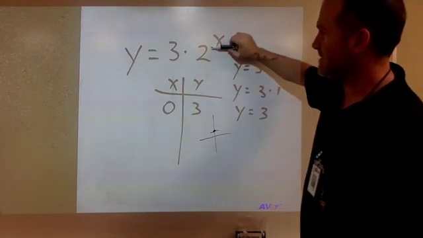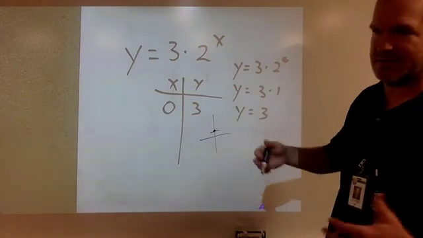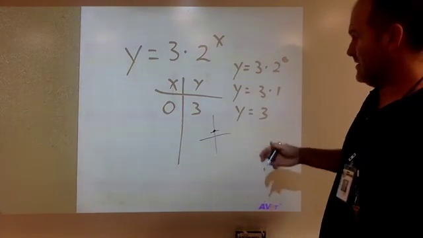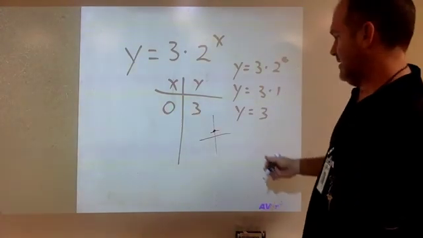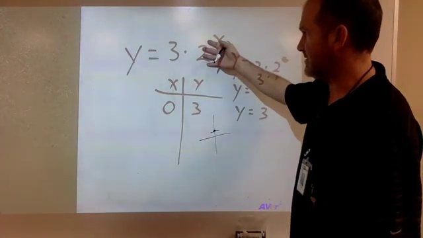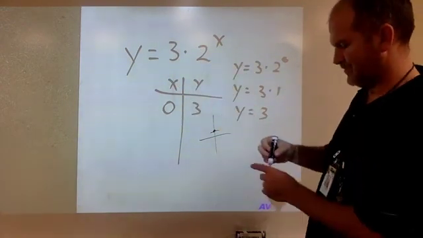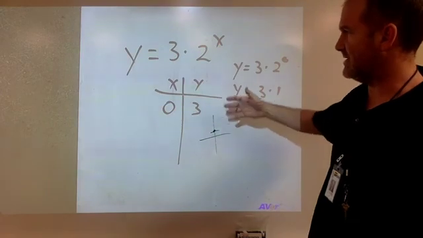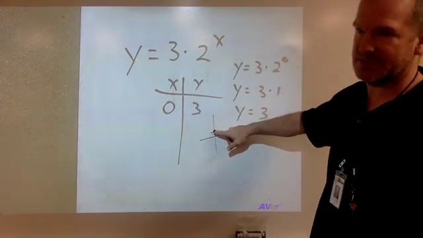If it's being multiplied with another number or added with another number or subtracted, then you're not going to get 1, because you'll get 1 for this term and then this other one's going to change it, whether you're multiplying it or adding it. And you will have problems in the do section like that. They'll just give you a function and ask you, does this pass through the point 0, 1?